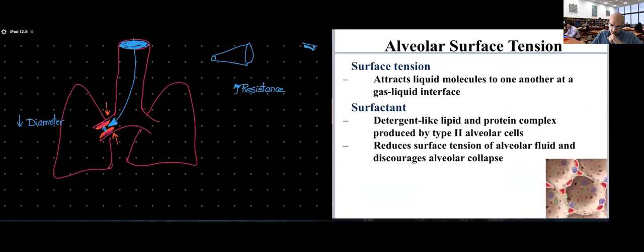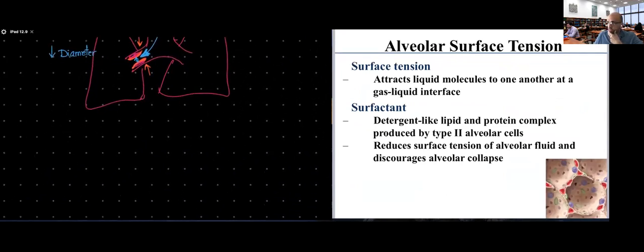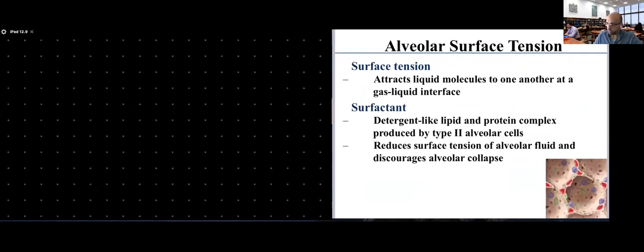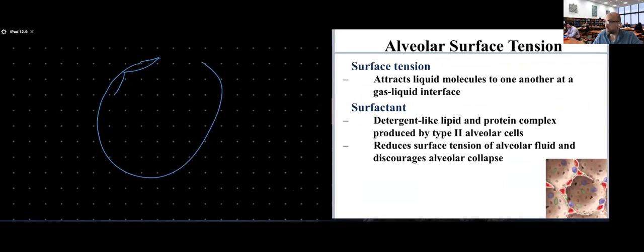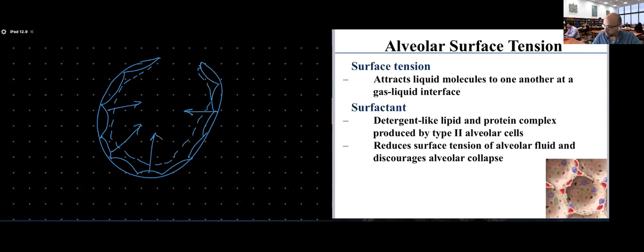All right, great. So another factor that we are looking at here is why having surface tension in the lungs will not create a problem for me. Having water lining my air sacs, creating a surface tension, this should be collapsing my lungs. Remember why this is not an issue for you?